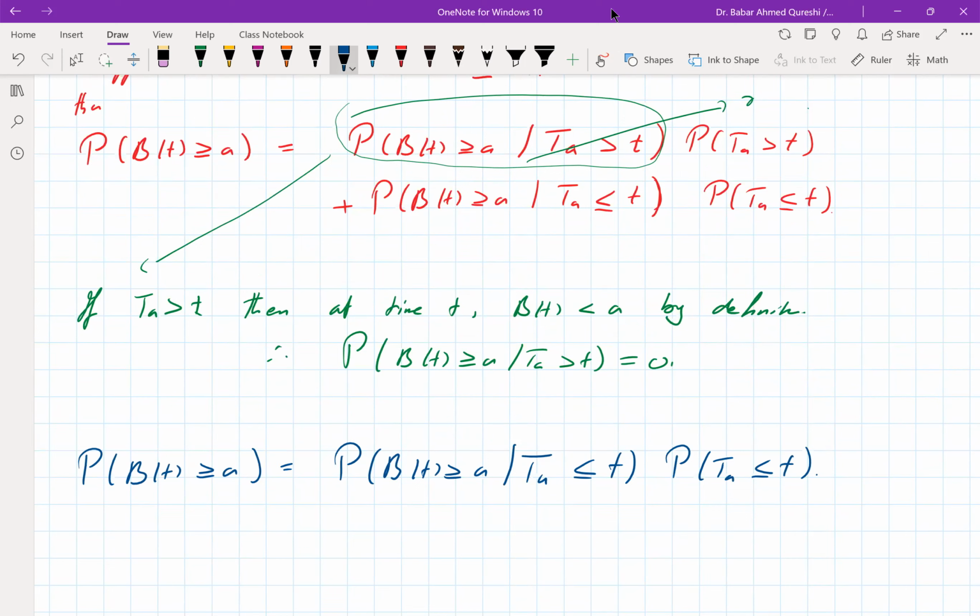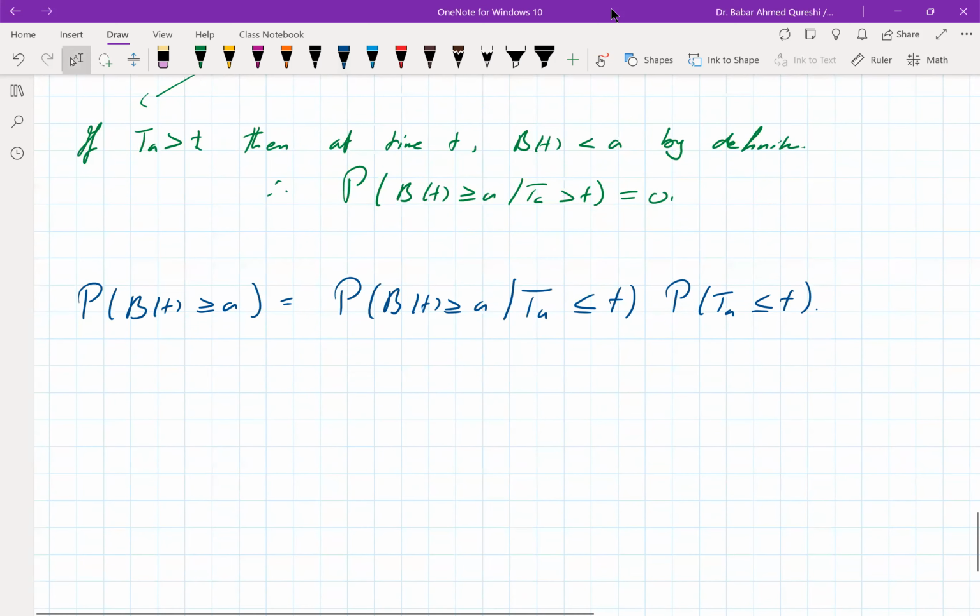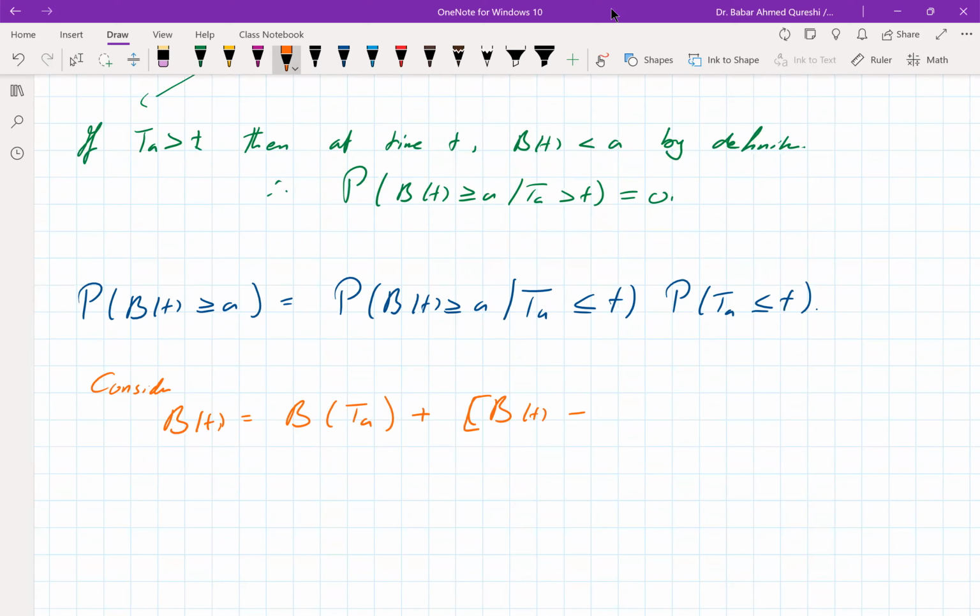Now for this second term which is left, we can write the following. If I look at this B(t), I can split it. Why did I do this?